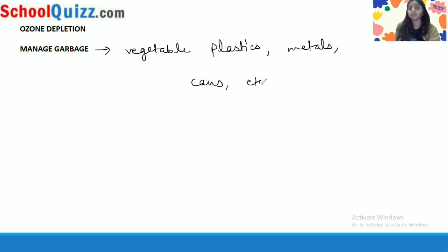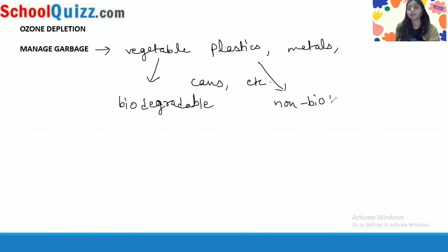Some of this garbage is biodegradable, and some is non-biodegradable, like plastics, metals, and cans.